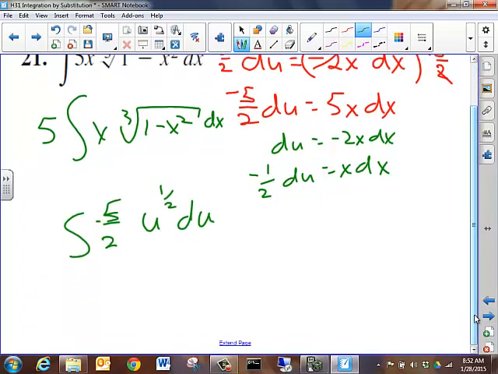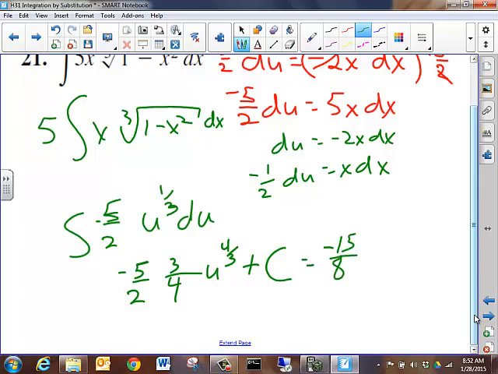And if we do that, we've got negative 5 halves times 3/4 u to the 4/3 plus c, which is negative 15/8 times (1 minus x squared) to the 4/3, plus c.